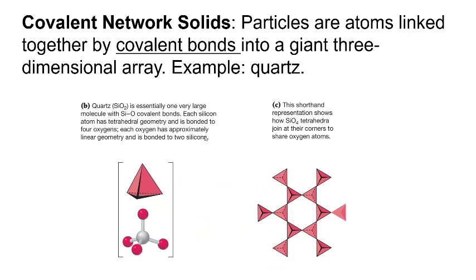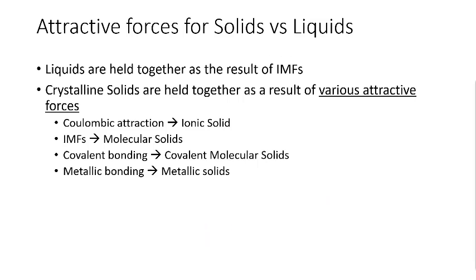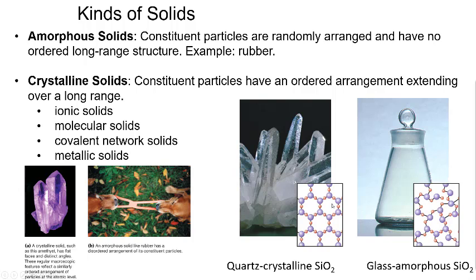Next is our covalent network solid. This is where atoms are linked together by covalent bonds into a giant three-dimensional array. Our example here would be quartz. If you recall from a few slides back, we have this crystalline quartz structure, where all of these silicon and oxygen atoms are covalently bonded to one another.